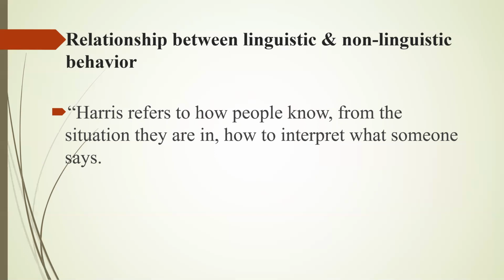So that means we are not only making use of structures and words. We also make use of non-linguistic behavior, various other things to understand that sentence. From the situation they are in, people know how to interpret what someone says.